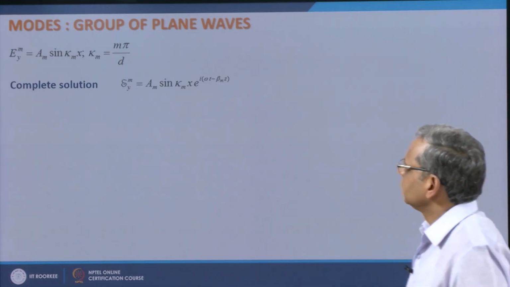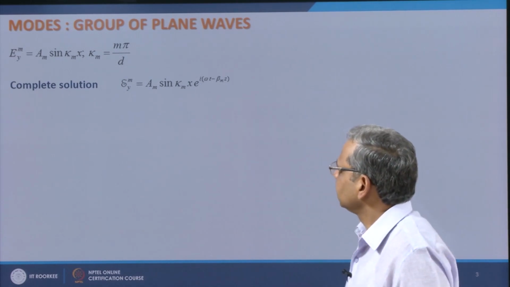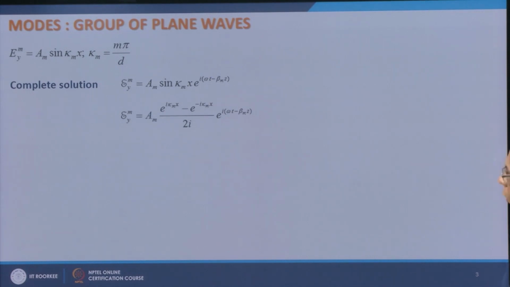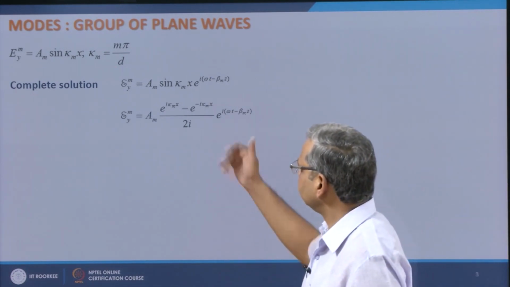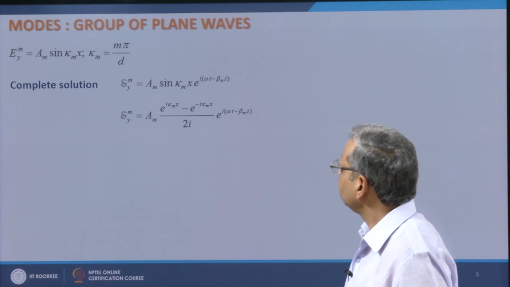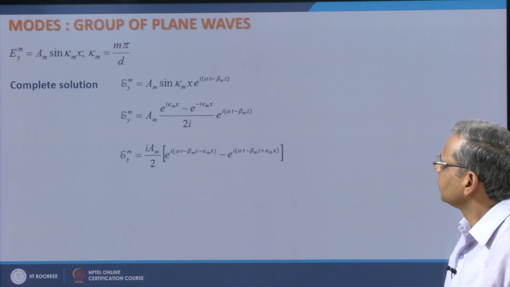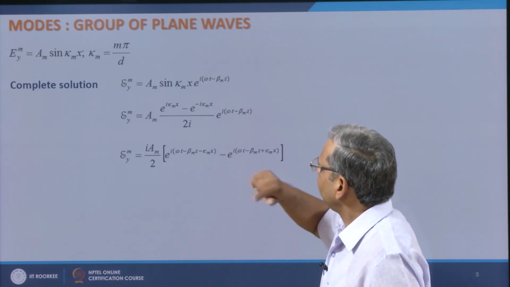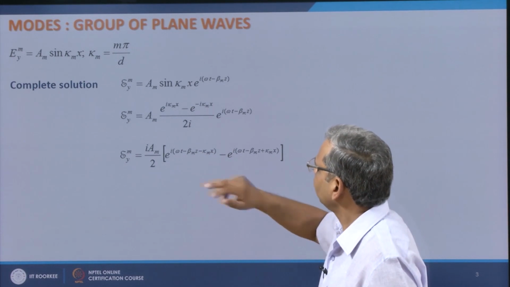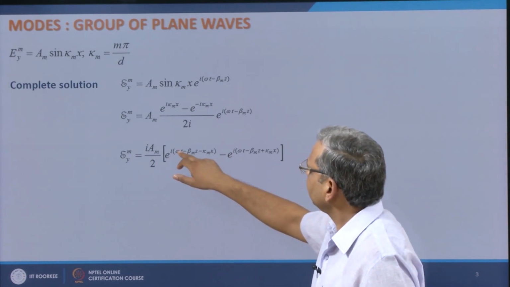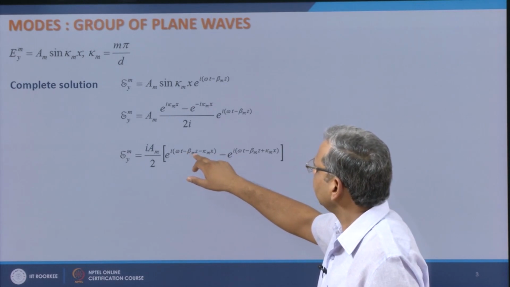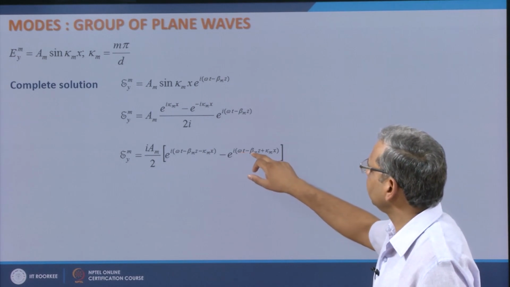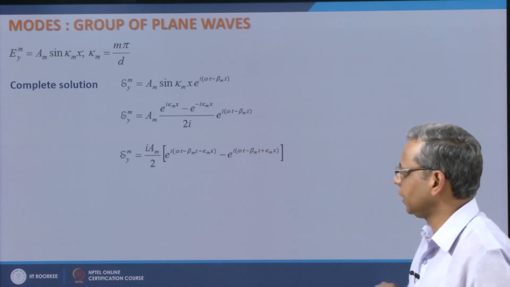Let me write this sin kappa m x in the form of e to the power plus minus i kappa m x. So, if I do that, I get this form. What I have got from here is e to the power i omega t minus beta m z minus kappa m x, and then e to the power i omega t minus beta m z plus kappa m x.